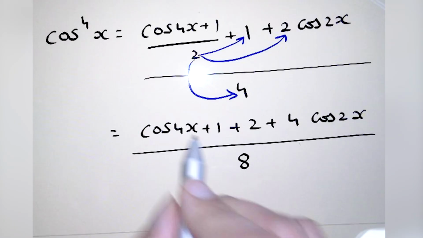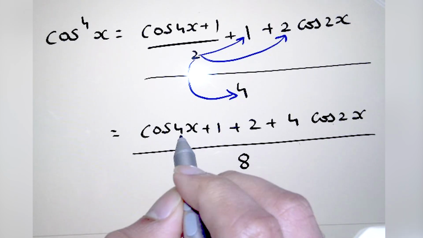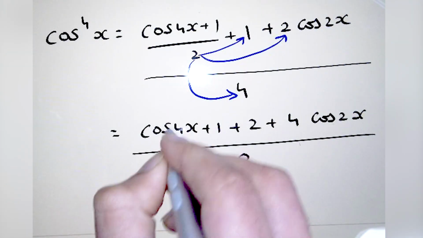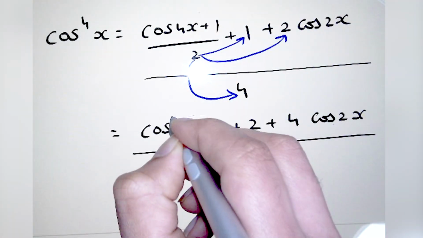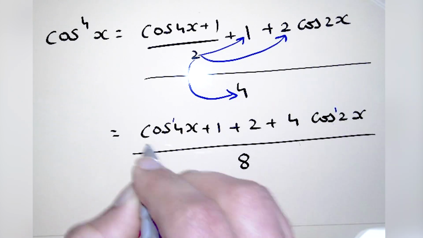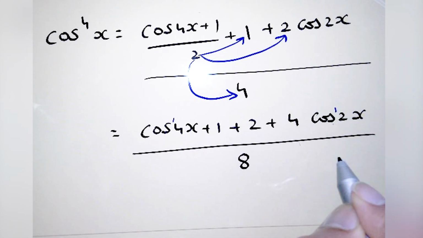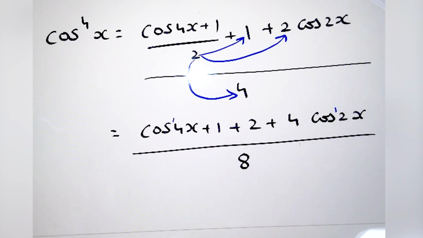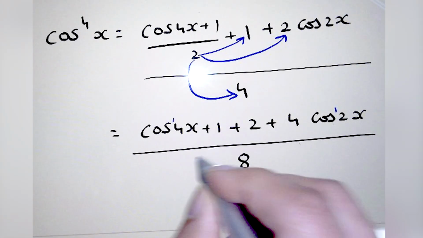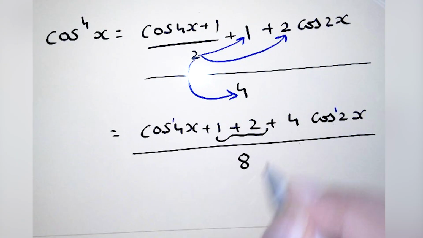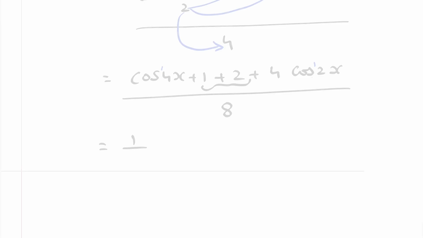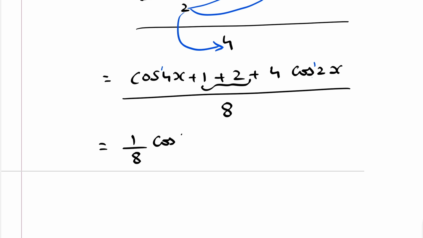Now all the trigonometric functions are power 1. I have an invisible 1 over here. So cos 4x power is 1, cos 2x power is 1. Now I can integrate this function. And this particular thing can also be further simplified as 1 by 8 cos 4x, and I'm going to write the cos 2x term next.